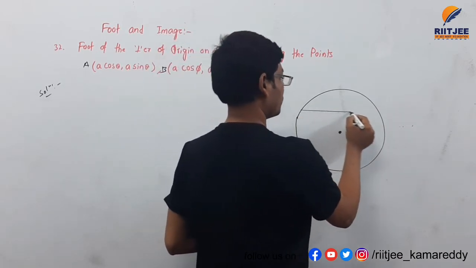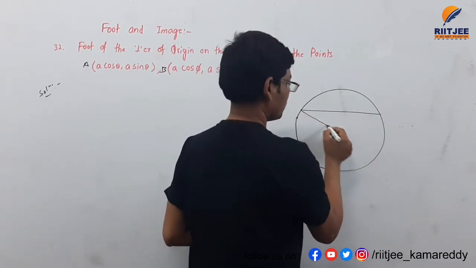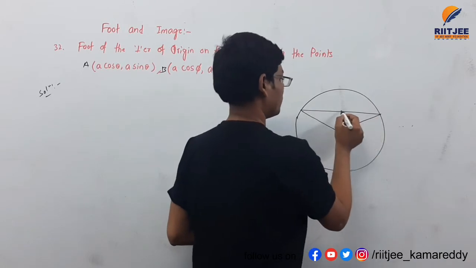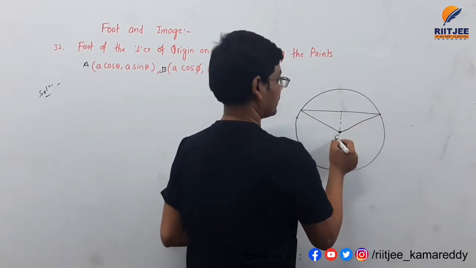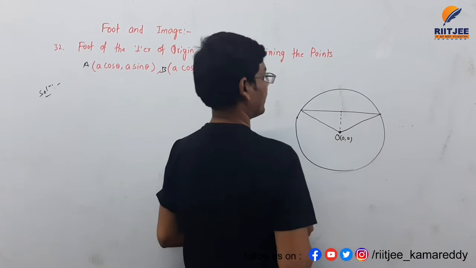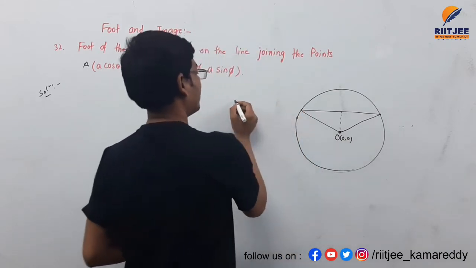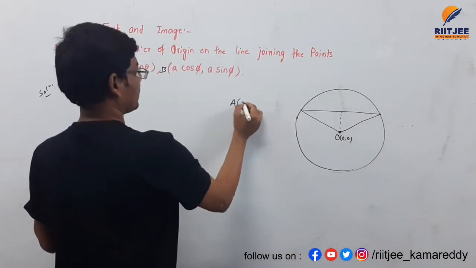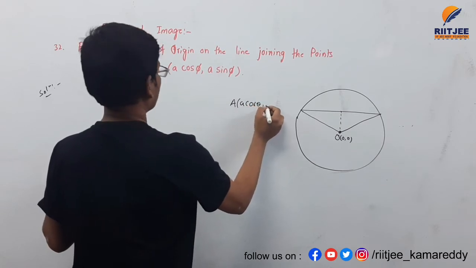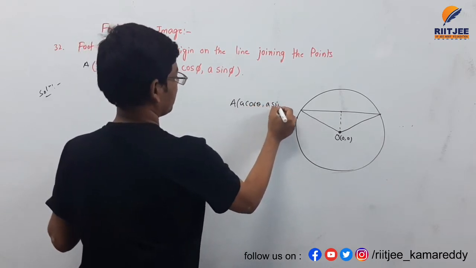So I am taking 2 lines here. This is origin 0, 0, and this is point A, that is A cos theta, A sin theta.